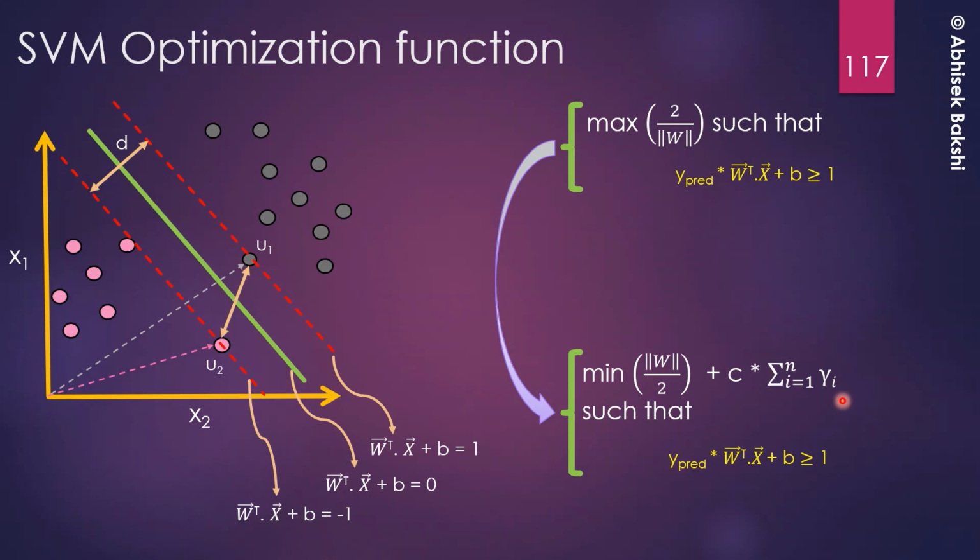You know what overfitting is. So this C and this gamma: gamma is not a regularization parameter, it's an error magnitude. We all know what error is, predicted minus actual, and C is actually the regularization parameter.